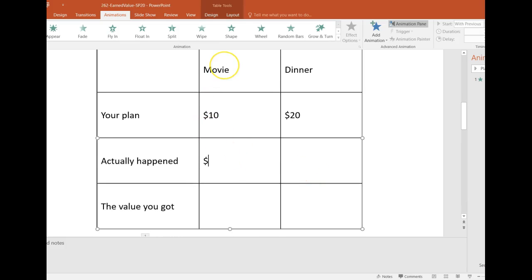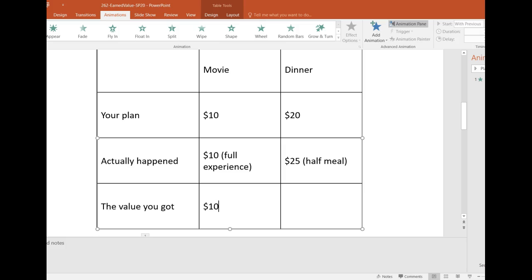What actually happened, I spent $10 on the movie and I watched a full movie. So it was a full experience. For the dinner, I spent $25 and this is half a meal. So you're still hungry. So the value you got here, how do we do it? We say, how much would I pay for a full experience, for a full movie, based on my plan?